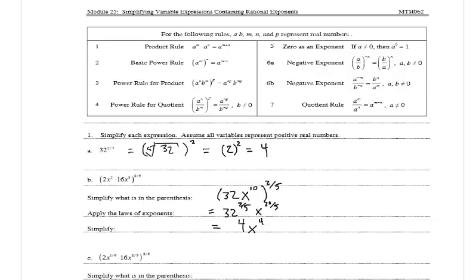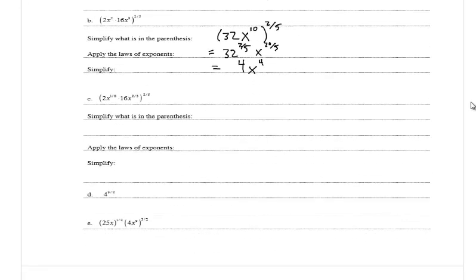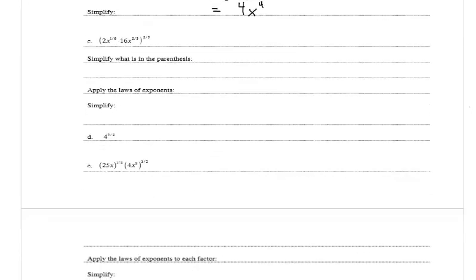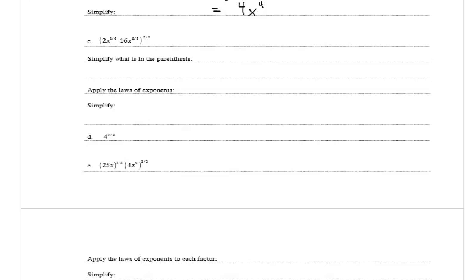In C, we have 2 times x to the 1/6 times 16 x to the 2/3, all raised to the 2/5. So again, the first thing we want to do is simplify what is inside the parentheses. So 2 times 16 is 32. X to the 1/6 times x to the 2/3 is going to be x.